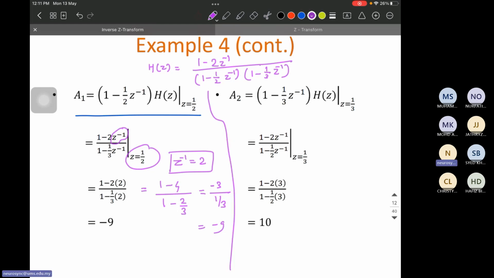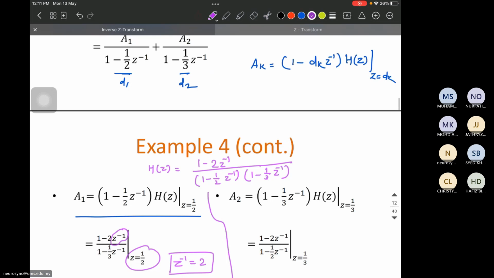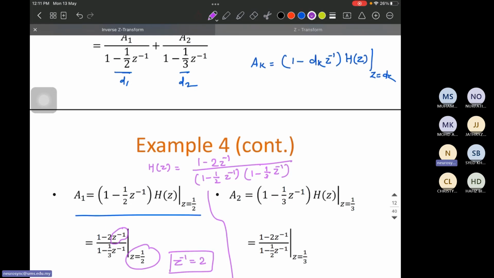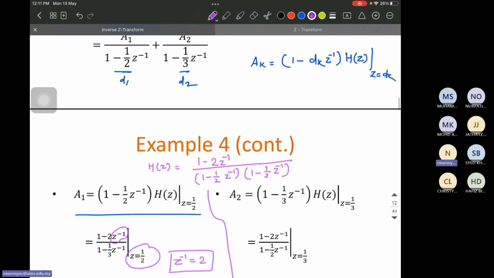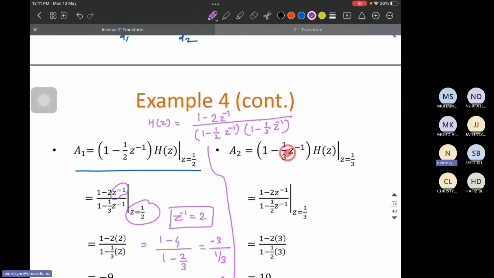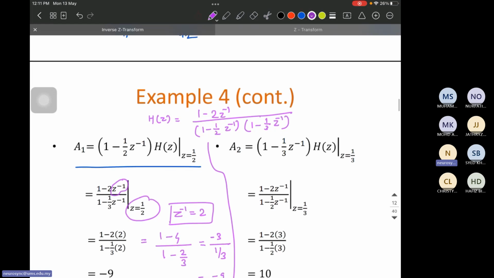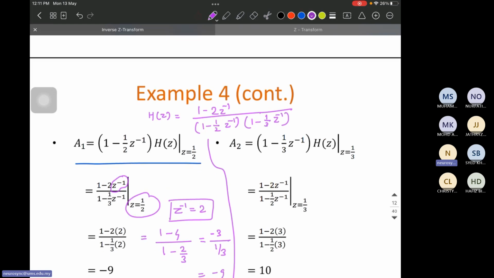Okay. Similarly, we will find A2. For A2, the denominator part is this into H of z at z equal to 1 by 3. Correct? So if you multiply this with this H of z, we will remain with the numerator part and this polynomial, this root. So this divided by this at z equal to 1 by 3, that is z inverse equal to 3.